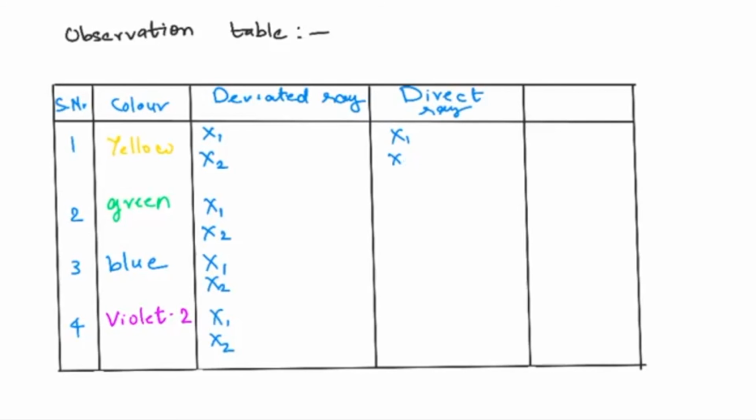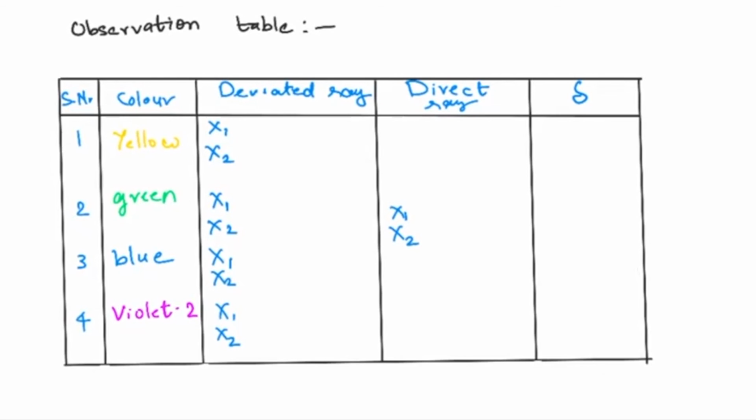But I can write this X1, X2 as common for all, because it is for white light, the undeviated one. So you will subtract this from this, and what you will get is the delta. So you will get delta for these. Then you just write here this, and remember, this is not simply delta, rather this is delta m.